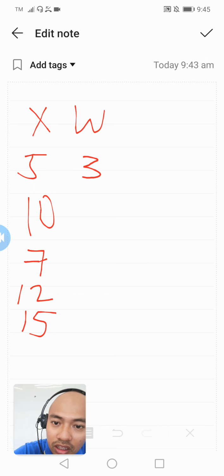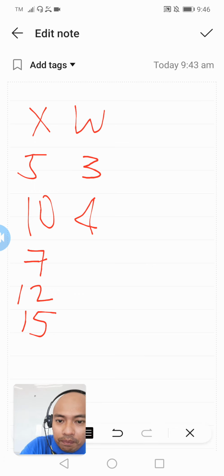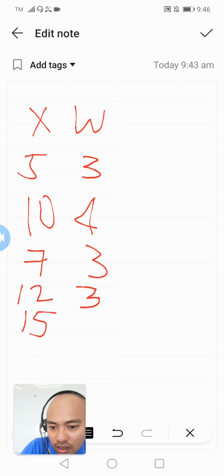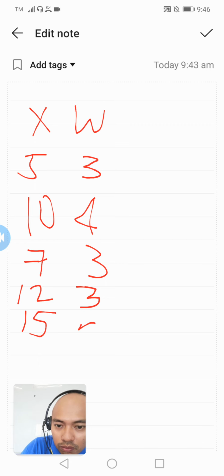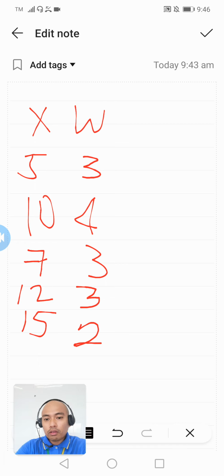So what if we give 4 units for that? So yung 7 naman is Filipino subject, so 3 units. Math subject for that 12 score, so 3 units again. And what if 15 is a PE subject? In PE, we are giving 2 units for that course.